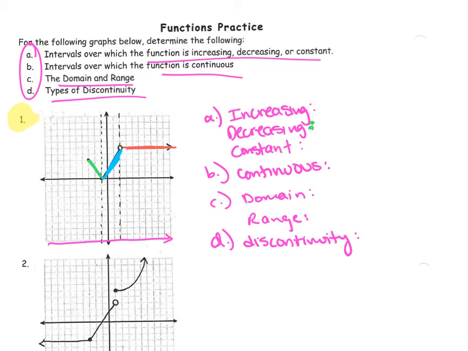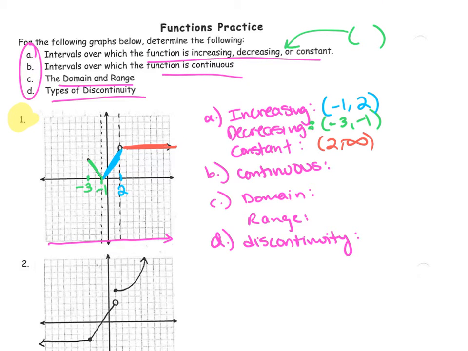So we're decreasing from here, x is -3 to -1. So we're going from -3 to -1. Whenever we talk about intervals of increasing and decreasing, guys, they always get open parentheses for increasing, decreasing, constant, things like that. Well, let's see. We're increasing from -1 to +2. And we're constant from 2 to infinity.